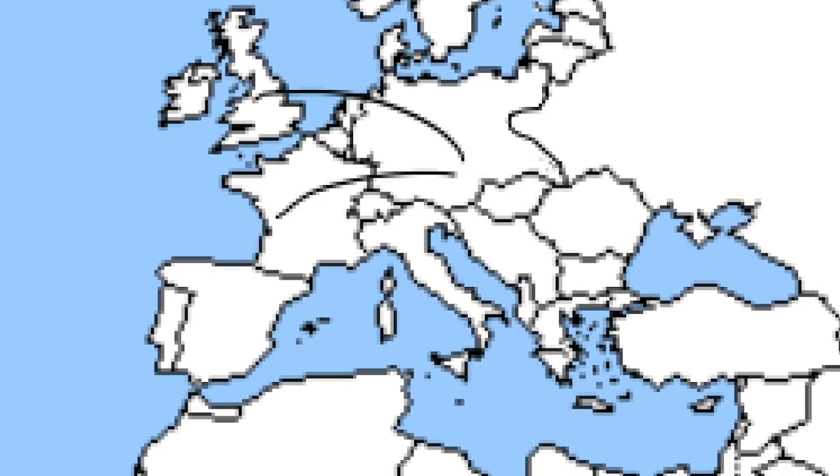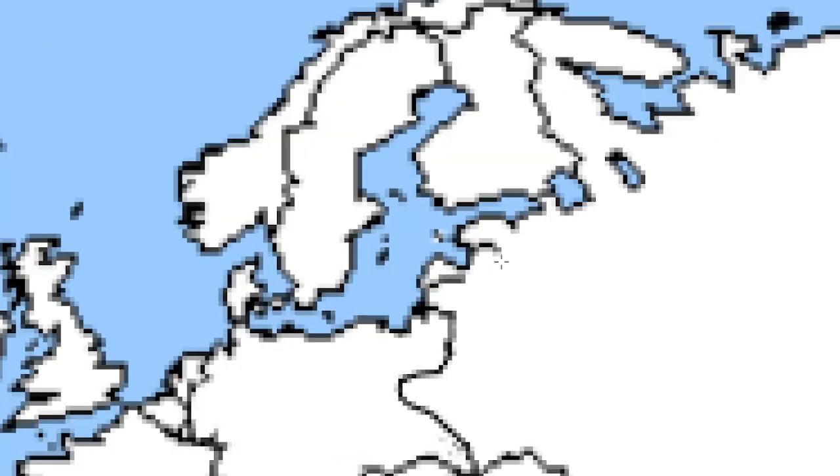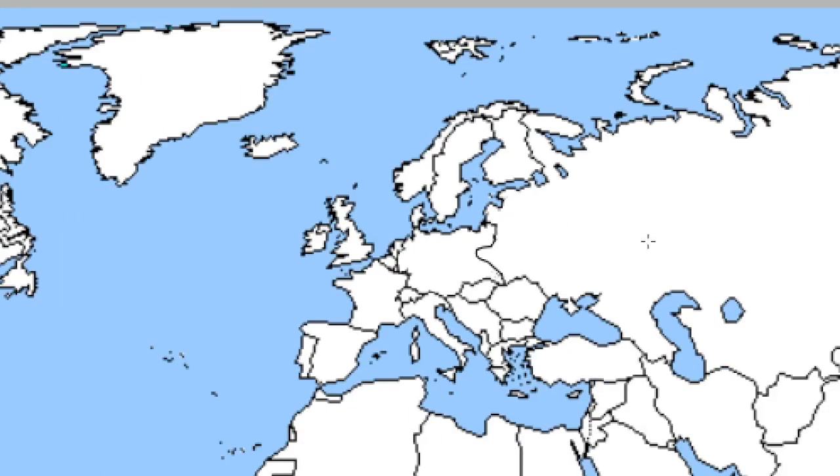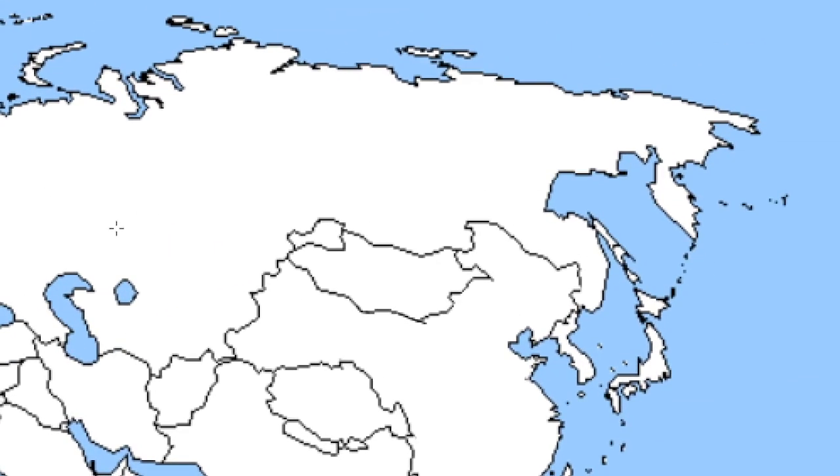So now both Britain and France are declaring war on Germany, while Russia does its thing and takes over more land to be bigger, obviously. So now Russia owns the Baltics and all of this other land in the Soviet Union.